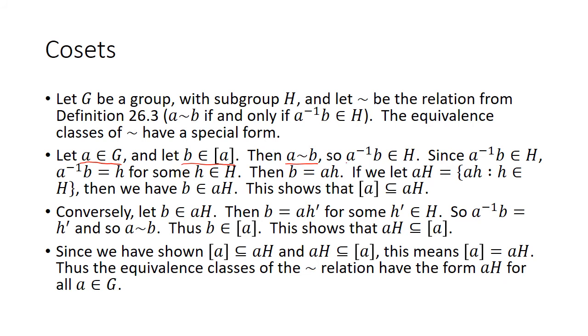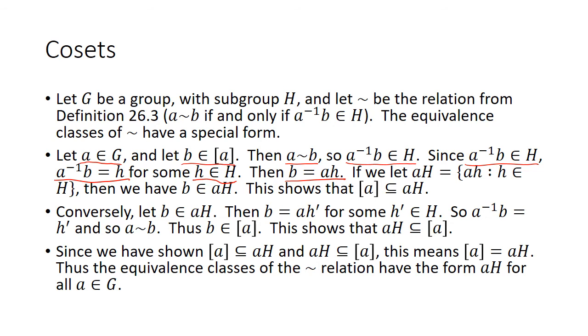So that means that a inverse b is in the subgroup H. So since a inverse b is in the subgroup H, that means that a inverse b is equal to little h for some little h, which is an element of big H. Okay, so since we have that, we can multiply on the left of both sides of that equation to get that b equals ah.